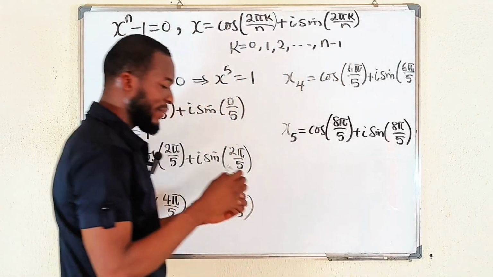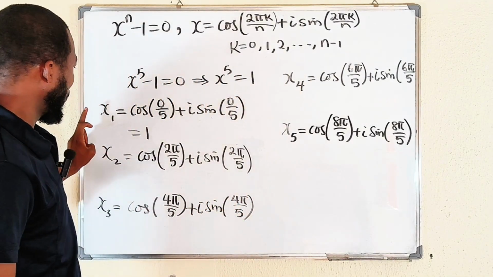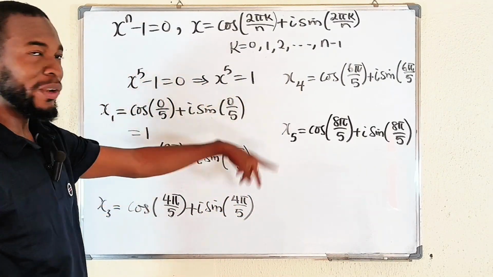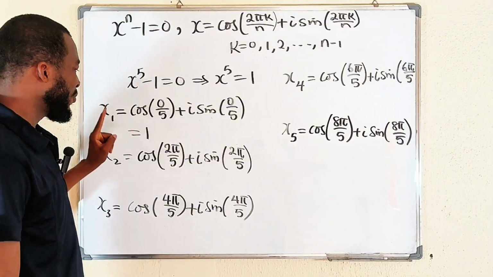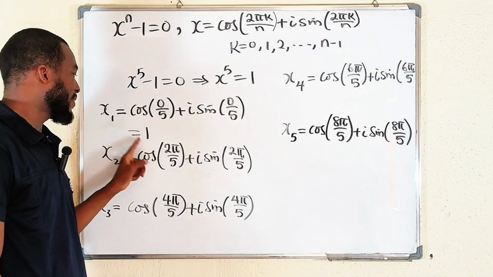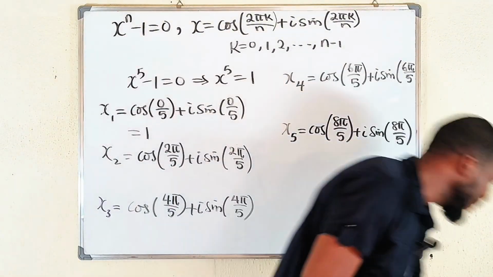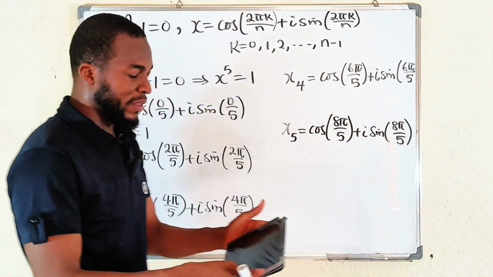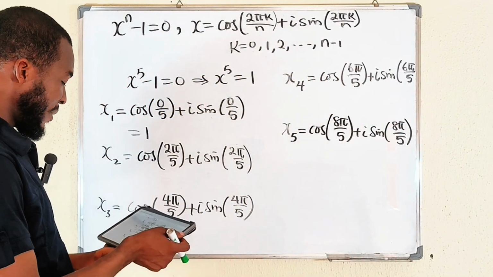And these are the 5 solutions: 1, 2, 3, 4, and 5. The only real solution we have here is x equal to 1. So I have the solutions here. Let me just write them for you in decimals.